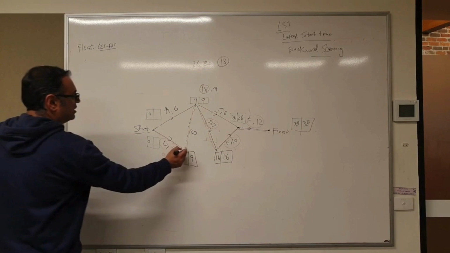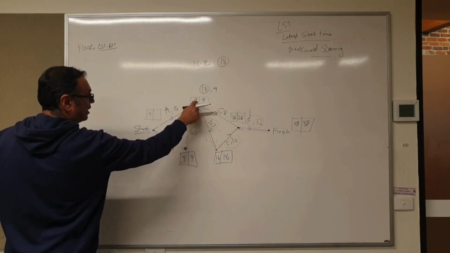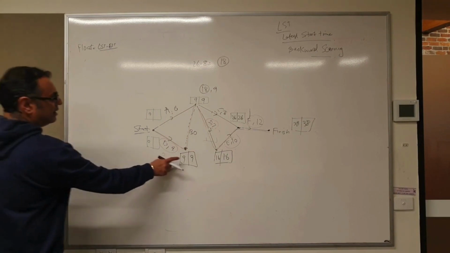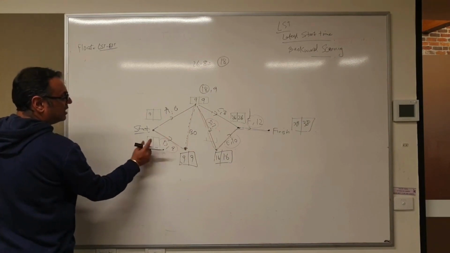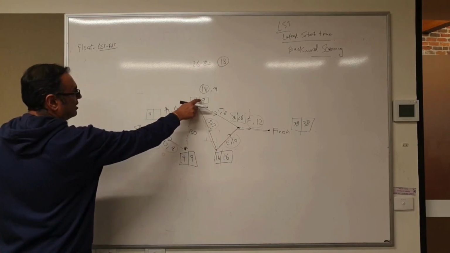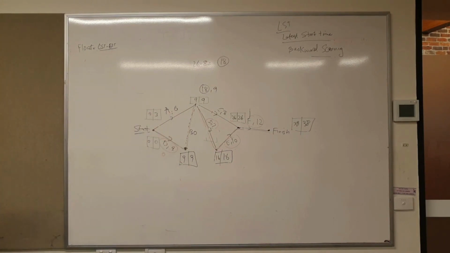I forgot to draw the LST here, the EST, LST box here. So from 0, 9, 9, and from 9, 0, 9. And then 9 minus 9 is 0. And here, 9 minus 6 is 3. Now I've filled all the boxes.